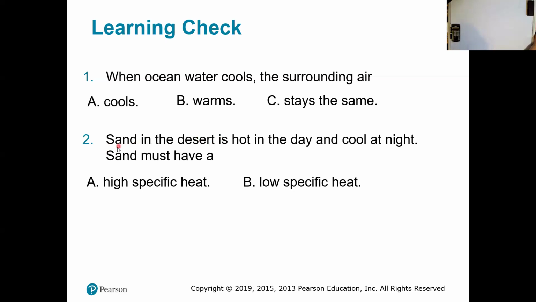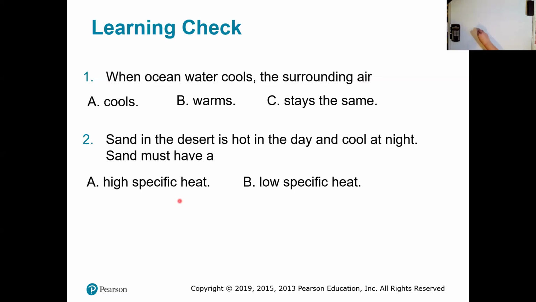For the second question, it says sand in the desert is hot in the day and cool at night. So sand must have a blank specific heat. It wants to know if sand is able to change its temperature drastically, does that mean the specific heat of sand is high or low? And what we said before, when you're thinking about water's very high specific heat, the fact that water has a high specific heat means that it's very difficult to change water's temperature.